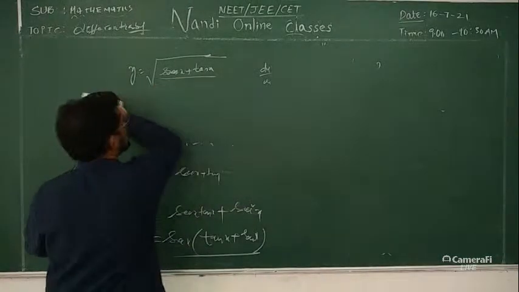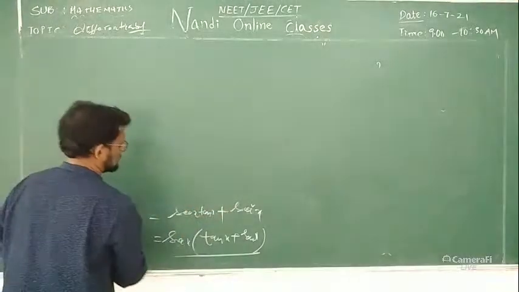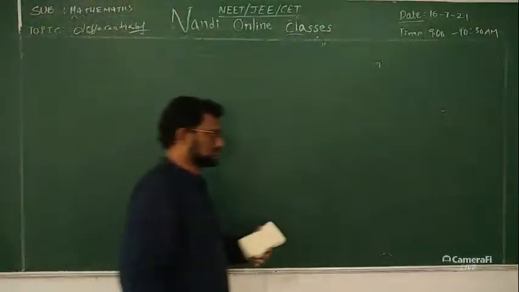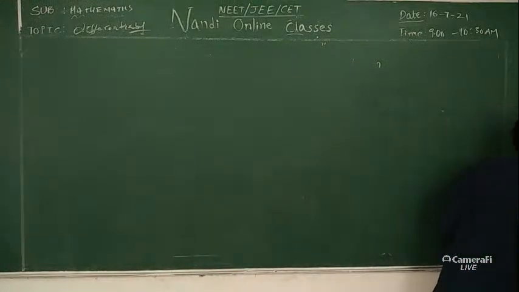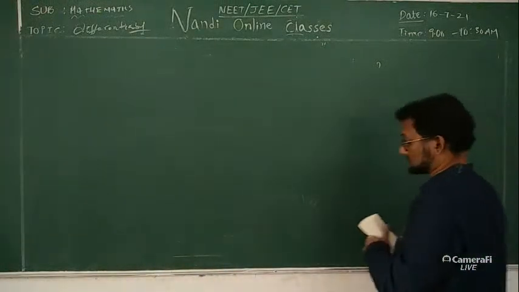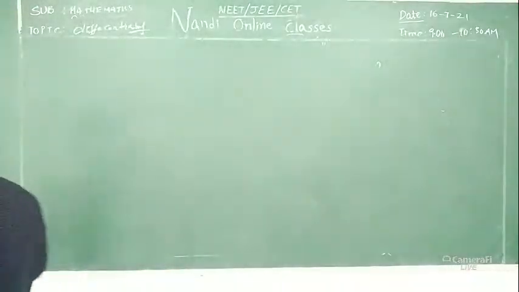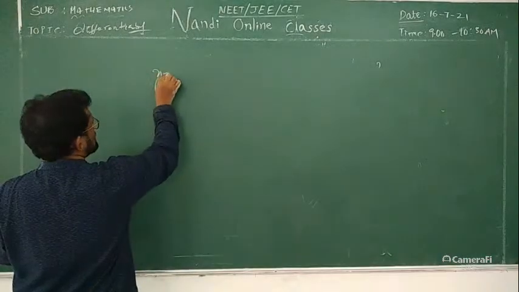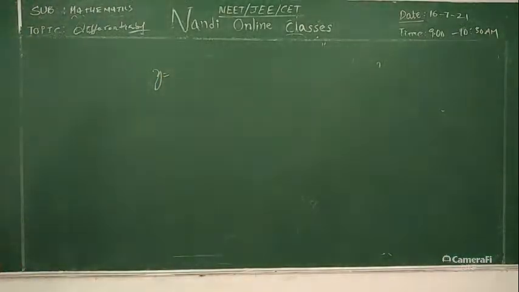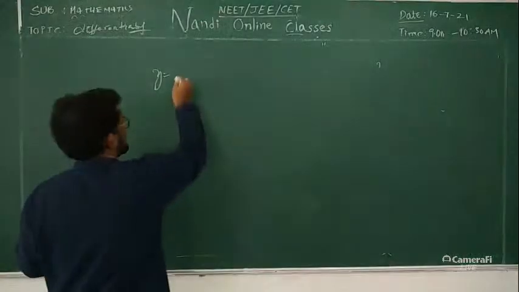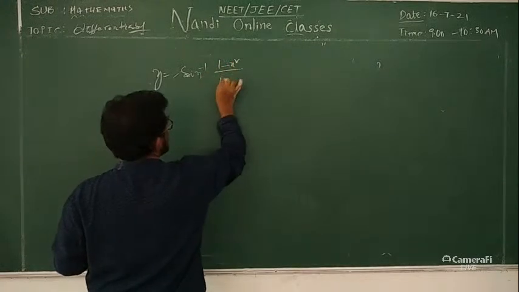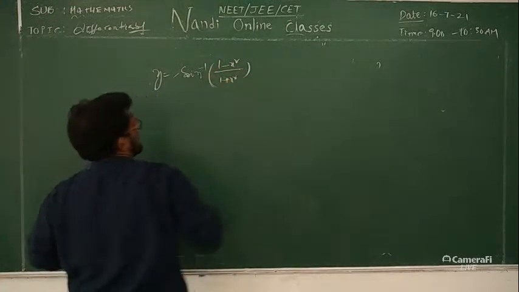Okay, next. Y is equal to sine inverse of (1 minus x square) by (1 plus x square).